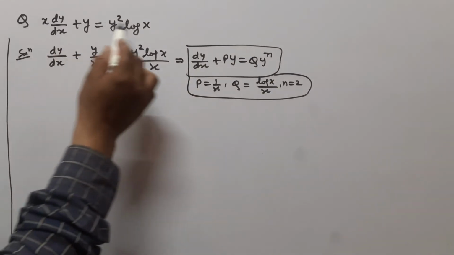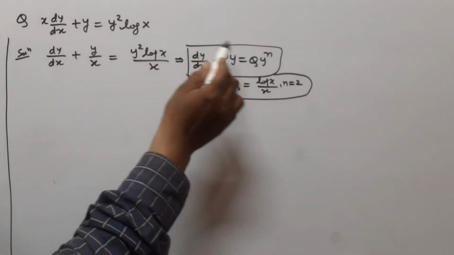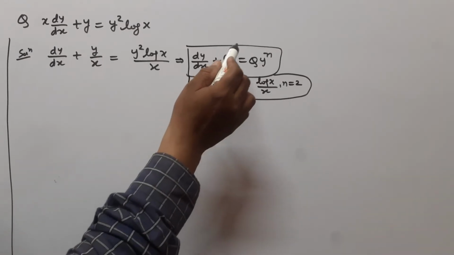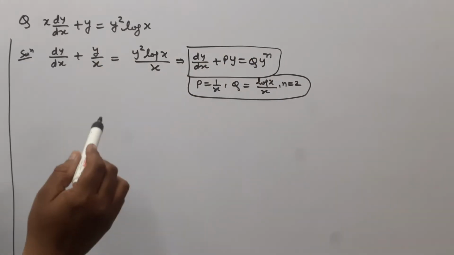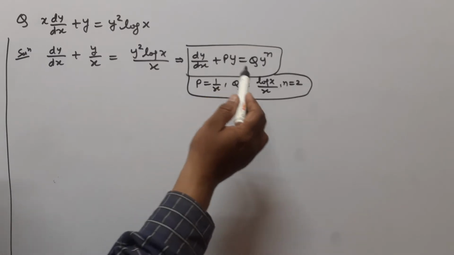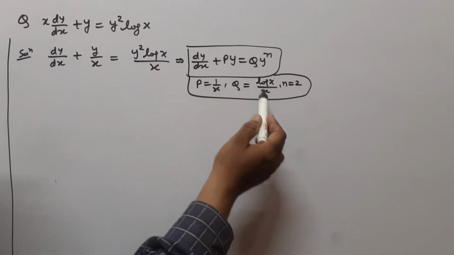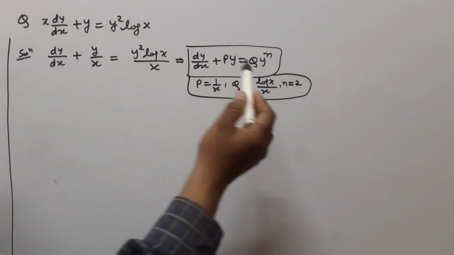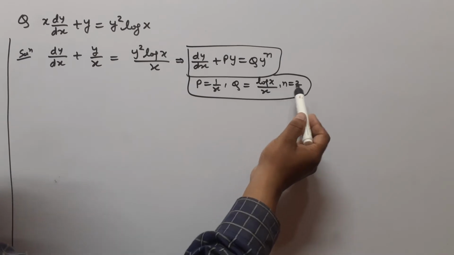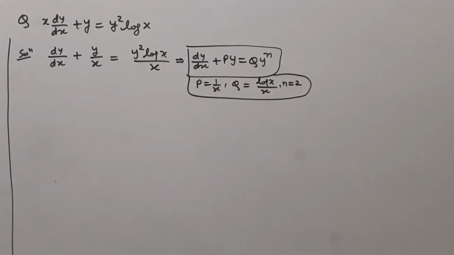So since this is the equation of the form dy by dx plus py is equal to q y to the power n, where p and q both are functions of x and here n is a constant other than 0 or unity, it is the extended form of linear equation or Bernoulli's equation.